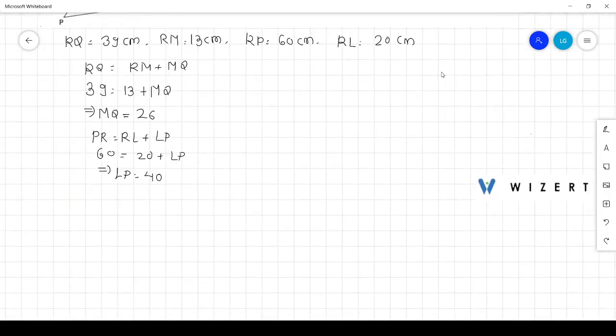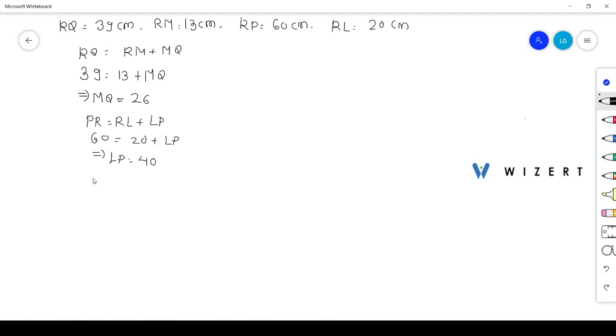So the ratio RL to LP is 20 to 40, that is 1:2. And the ratio RM to MQ is 13:26, that is 1:2.